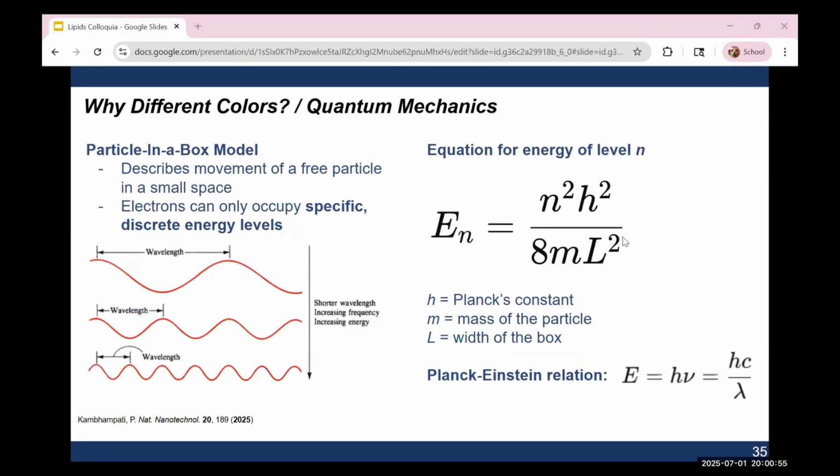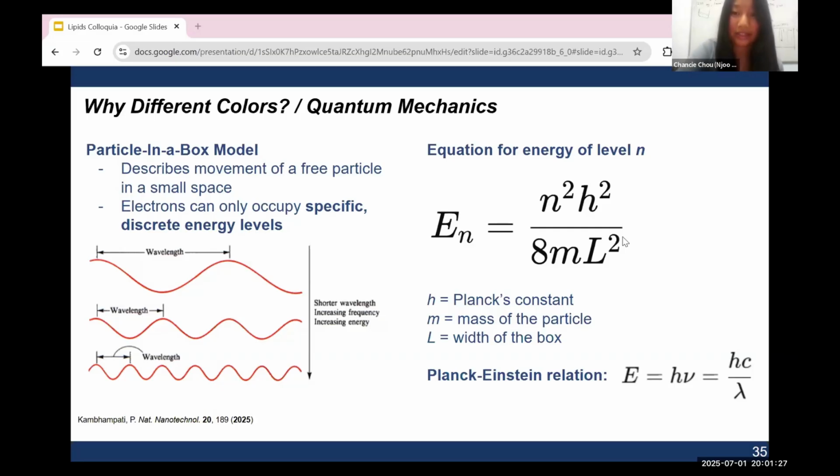However, in our smaller crystals, such as our quantum dots, which are only a few nanometers wide, things are different. According to the particle in a box model, when you confine a particle into a small space with rigid walls, its allowed energy levels become discrete, which means that it can only exist at specific energy states. So the smaller the box, the larger the energy gaps are between these allowed states.